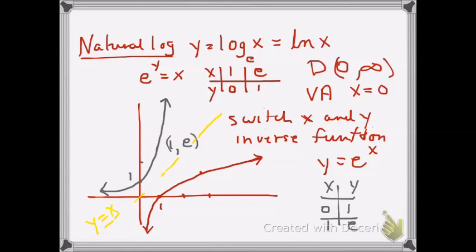The inverse function is just a reflection across that yellow line, y equals x. We found it simply by switching the coordinates on the natural log graph and replotting them to get the exponential function y equals e to the x, which is the inverse of the natural log of x.